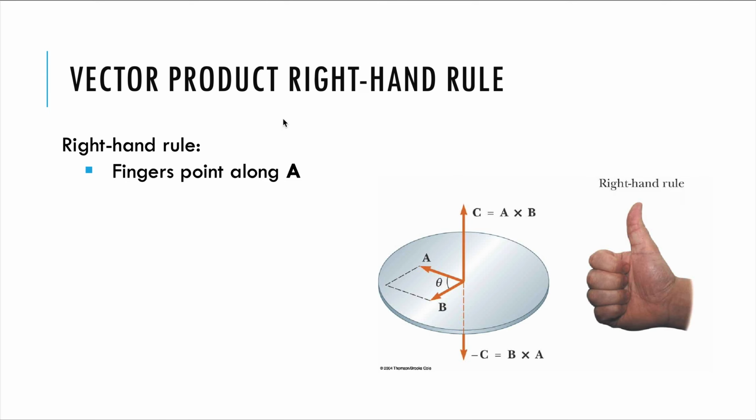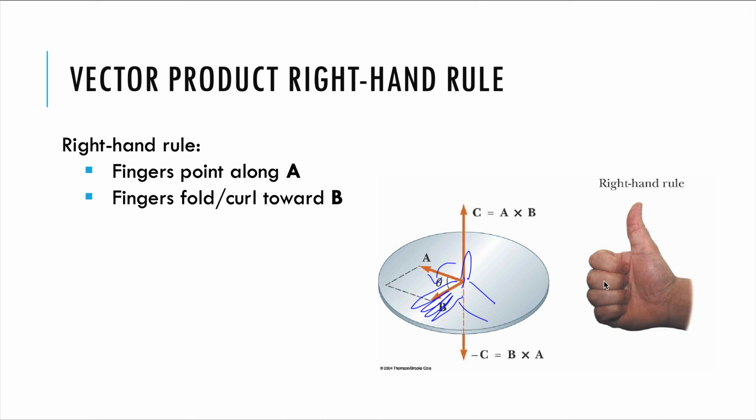What you do is you point your fingers along the direction of A. So you could have your four fingers right here, a straight line pointing along direction A. But then you have to curl or fold your fingers towards B. So your fingers were pointing towards A, but now you are folding them this way.